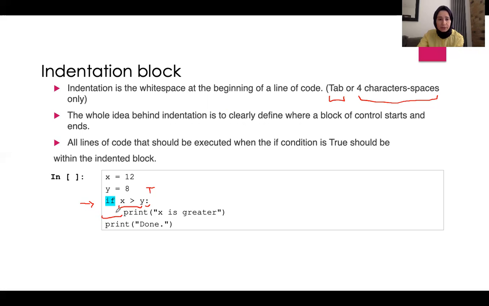If this condition is false, the next line of code will be executed. As x is greater than y in this case, it will print x is greater, then it will print done. When you run this piece of code, this is the result you will get.